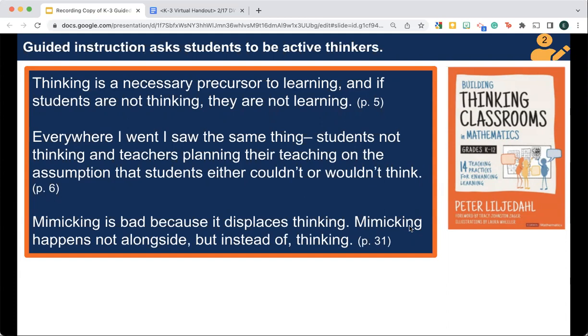Because if we're saying, do exactly what I do, watch what I do and repeat after me, if we do that too much, too often, too seriously without including them in the process, we're positioning our students as mimickers. We're removing their opportunities to think.